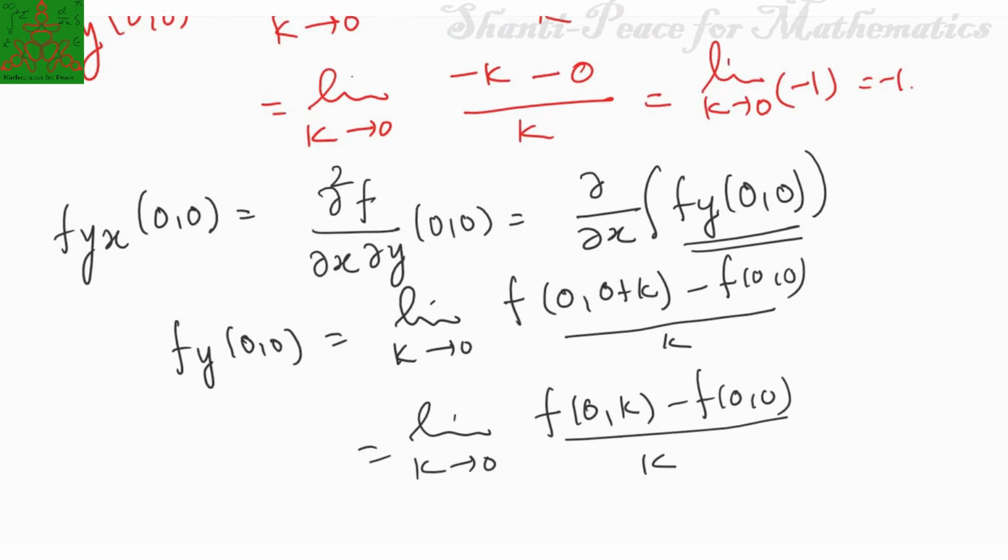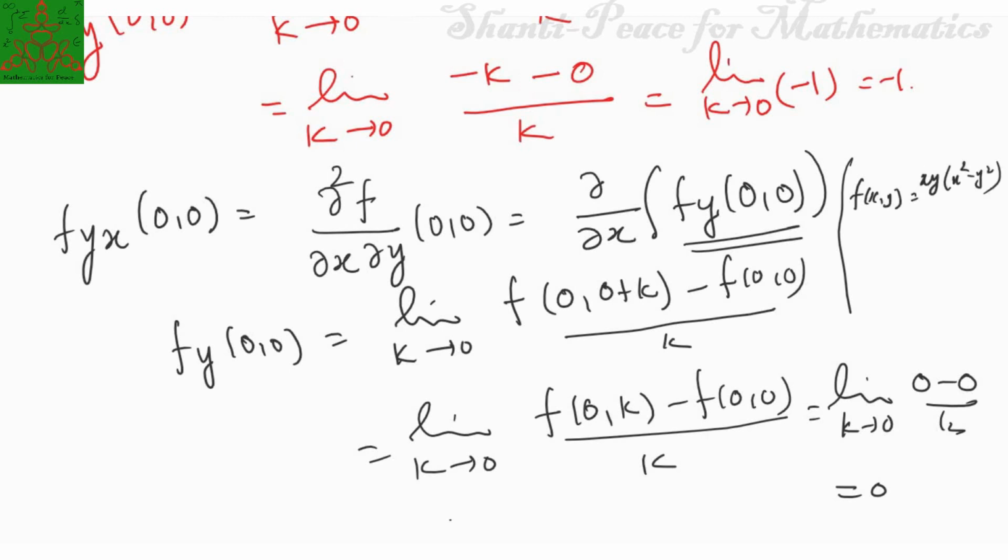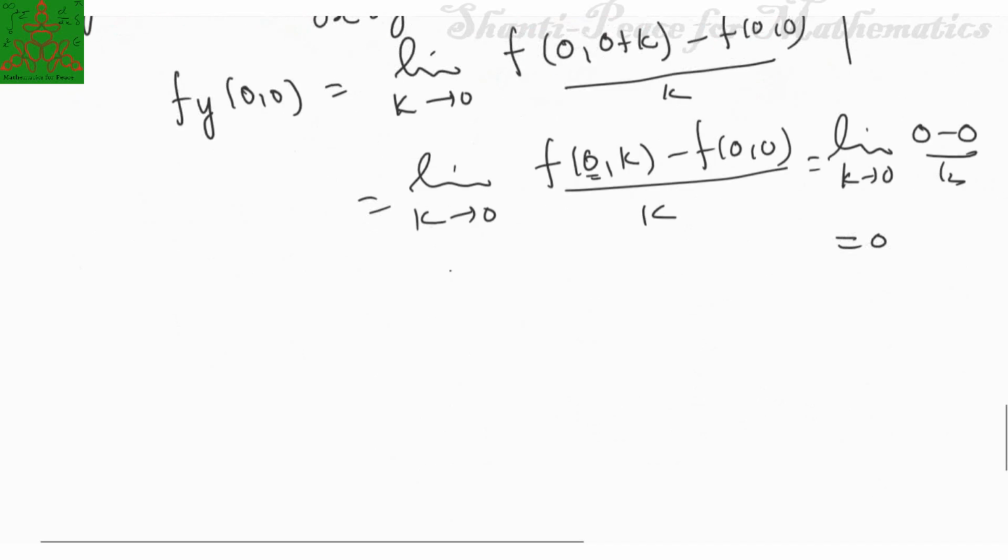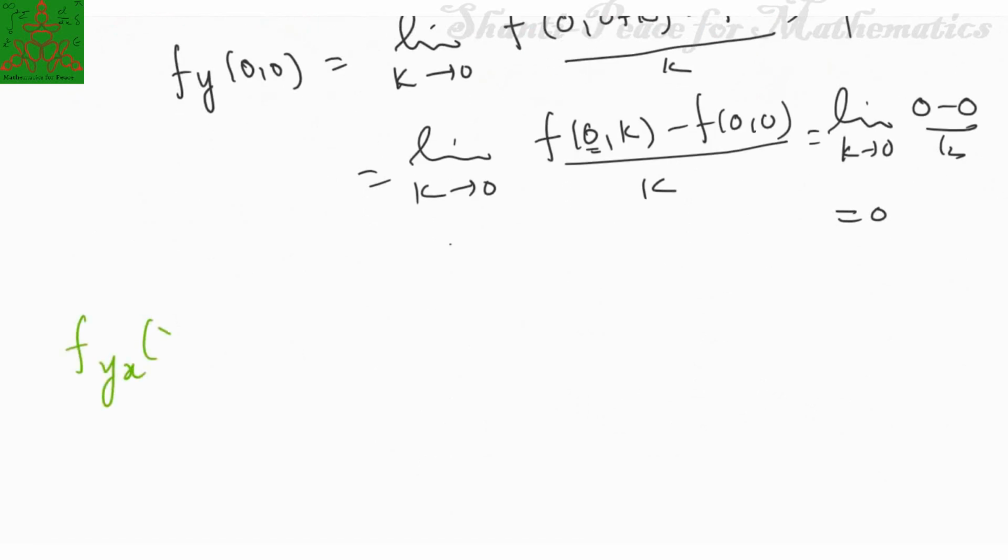As per the definition of the function, this is the limit as k tends to 0 of (0 - 0)/k, so that will be 0, because your function f(x,y) is xy(x² - y²)/(x² + y²), and here x is 0, so this quantity is 0. So we have 0. Now what is f_yx at (0,0)? As per the definition, as we have seen, it is ∂/∂x of f_y at (0,0).